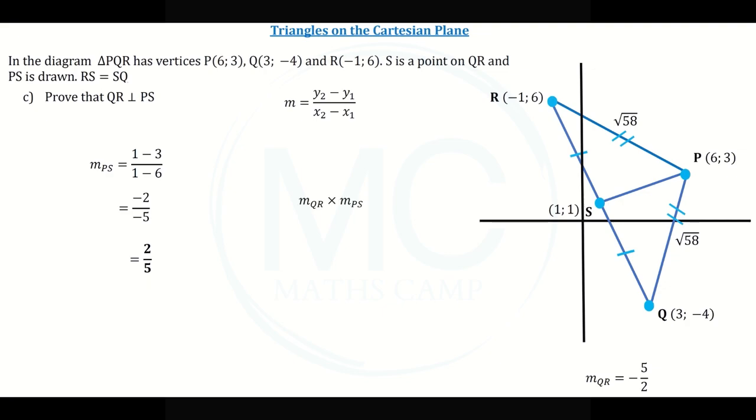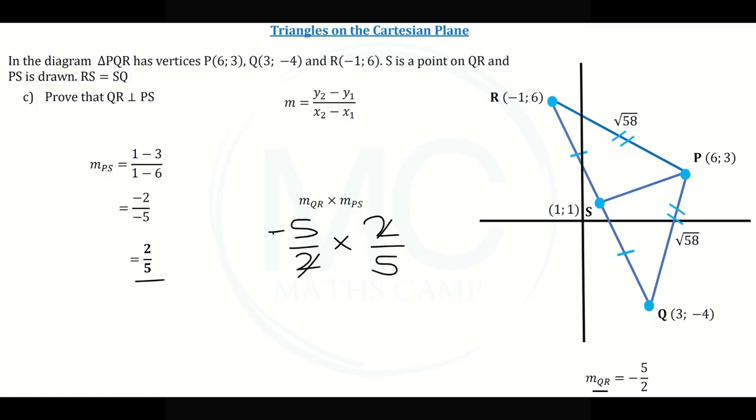So we can say the gradient of RQ multiplied by the gradient of PS, the gradient of QR, negative 5 over 2, multiplied by the gradient of PS, 2 over 5.